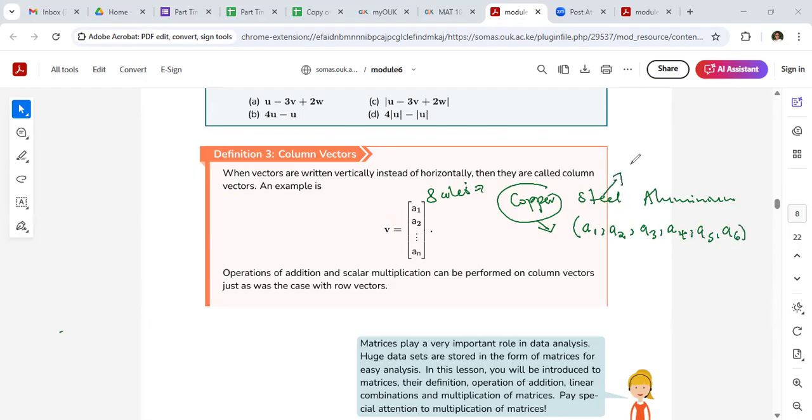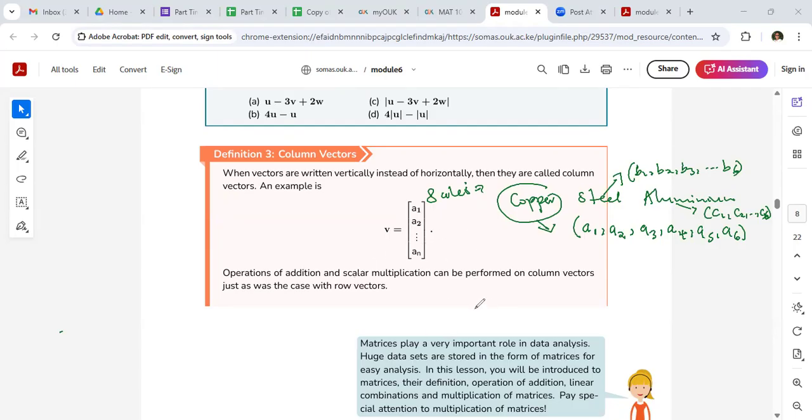Then I can have my sales for the steel rods: B1, B2, B3 to B6. And then I have my aluminium rods: C1, C2 to C6. So I have my sales of the 3 products. But now I want to connect all the sales, and come up with a representation of the sales for that week.